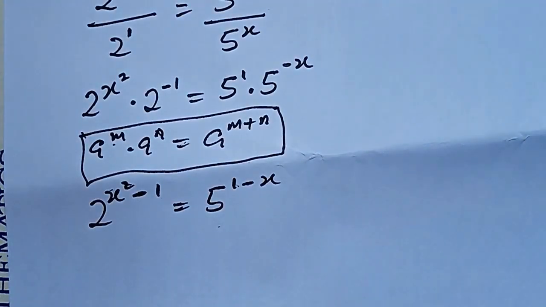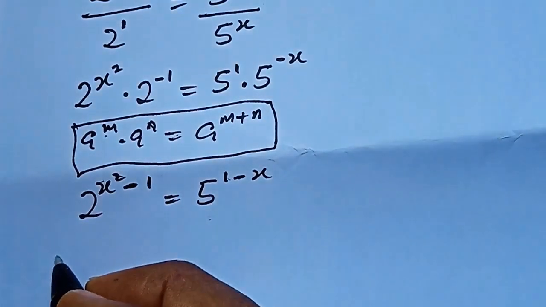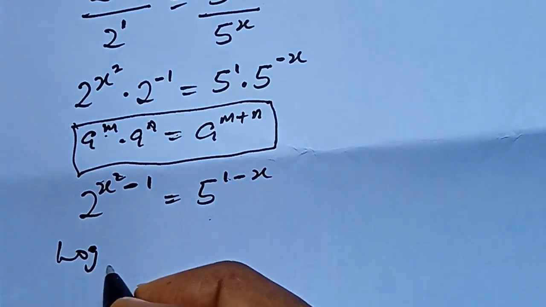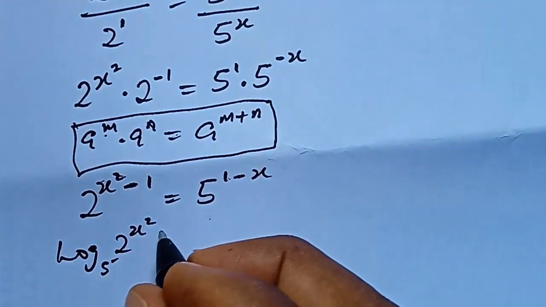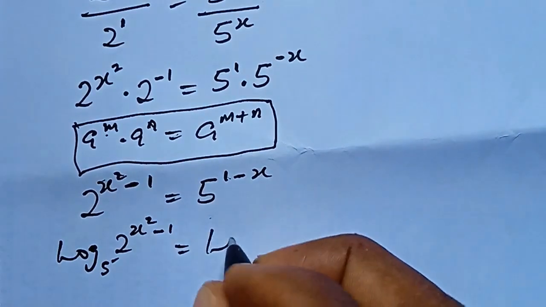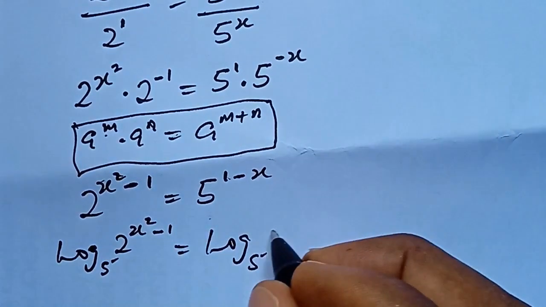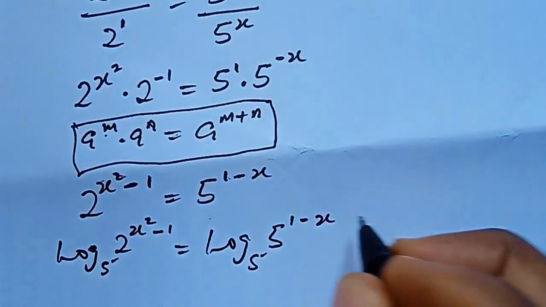So now from here we can take log base 5 of both sides. So we now have log base 5 of 2 raised to power x raised to power 2 minus 1 equals log base 5 of 5 raised to power 1 minus x.